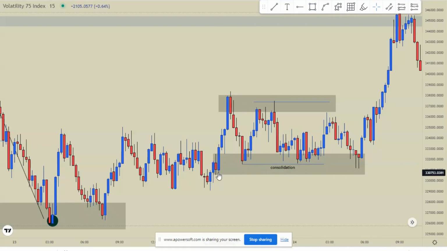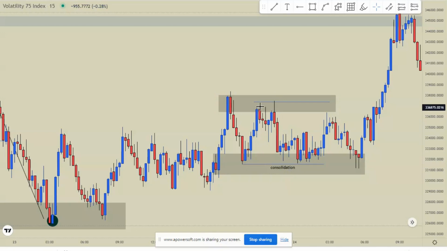If we are in a market where the market comes up and finds supply, it reverses here, so we realize that this is an area of supply, and we start looking at an area of demand. It comes and reacts and respects an area of demand, so it goes back up.